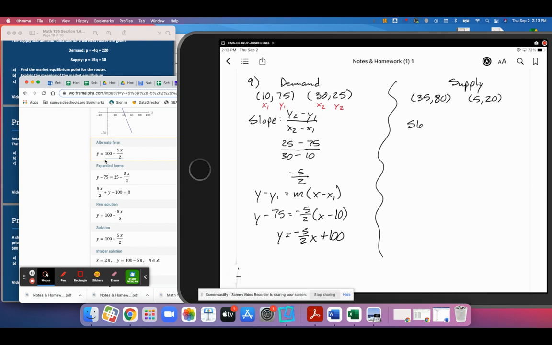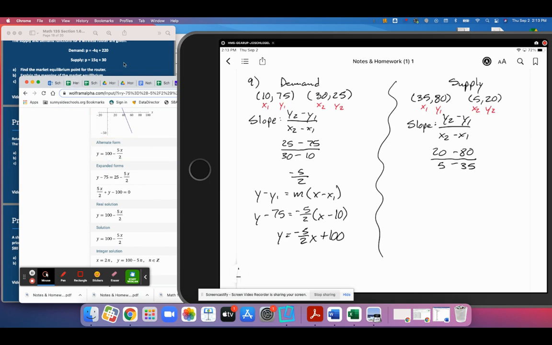So slope, y2 minus y1 over x2 minus x1. Label our points. And we've got y2 is going to be 20 minus 80 over 5 minus 35.